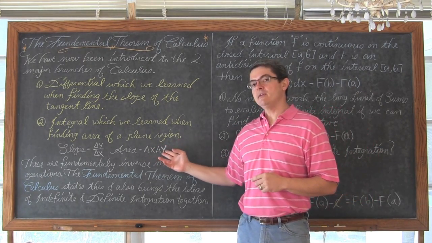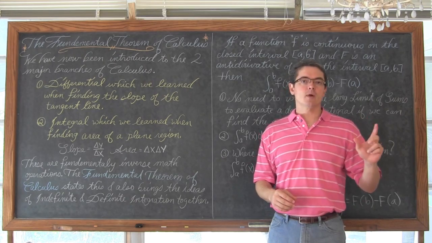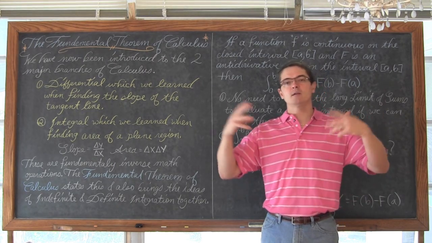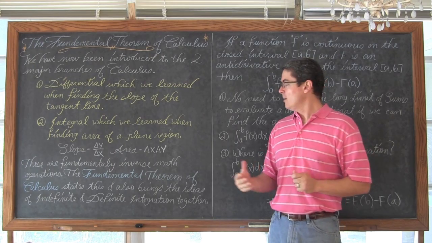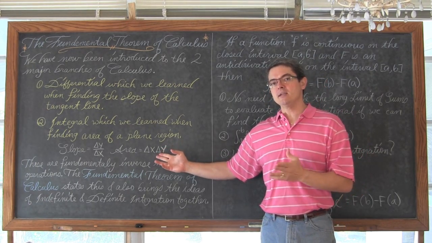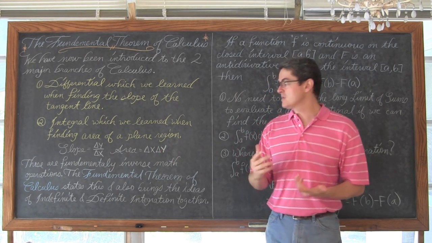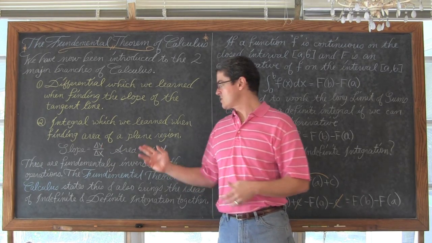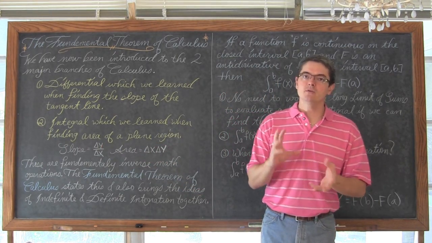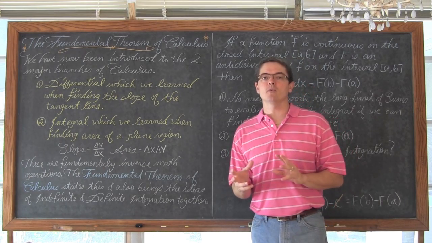Area is basically length times width of all of those individual rectangles, which we then added together, and we let the number of those rectangles go to infinity with the limit of sums process and so on. But we can see in its most core idea that it's just length times width. So slope is kind of like a division math operation, and area is that multiplication. We know division and multiplication are inverse math operations.